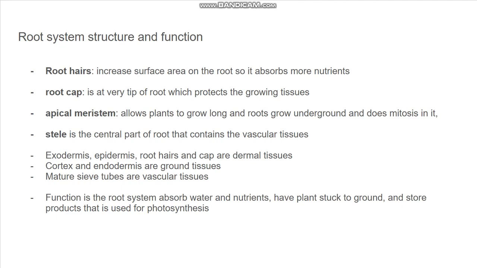So the dermal tissues are exodermis, epidermis, root hair, and root cap. The cortex and endodermis are ground tissues, and then the apical meristem is a vascular tissue.